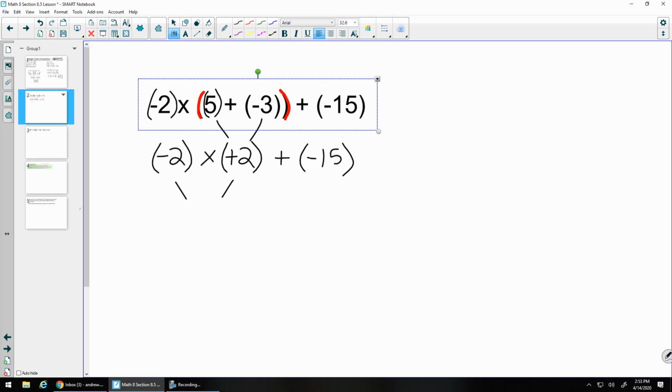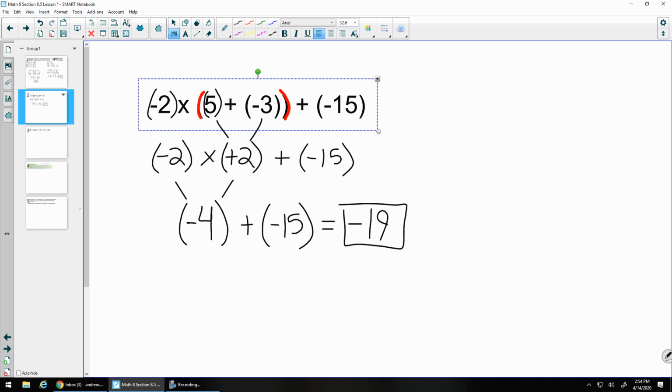Negative 2 times positive 2: 2 times 2 is 4, and it's a negative times a positive, which gives you a negative. So negative 4, now I'm adding to that negative 15, negative 4 plus negative 15. 4 negatives and 15 negatives is how many negatives? 19 negatives, or negative 19. Okay, and there's my answer.